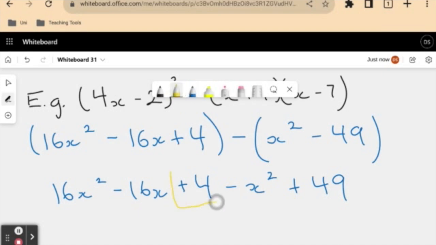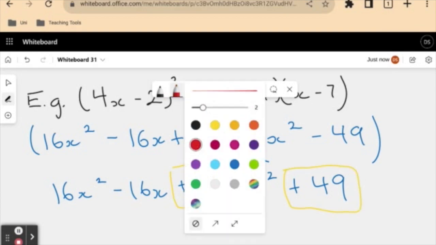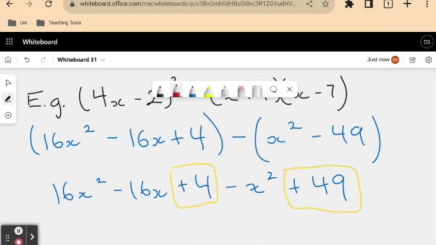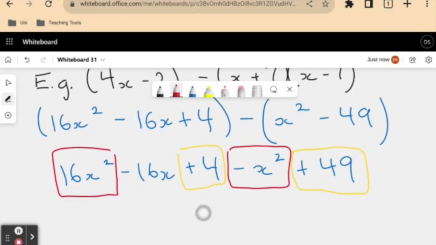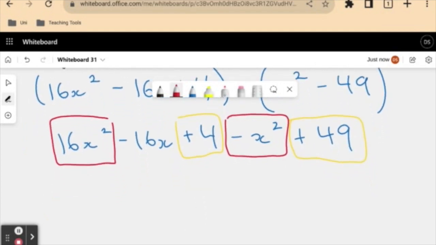We have like terms here, as well as here. Okay, so 16x squared minus x squared, we're going to get left with 15x squared.